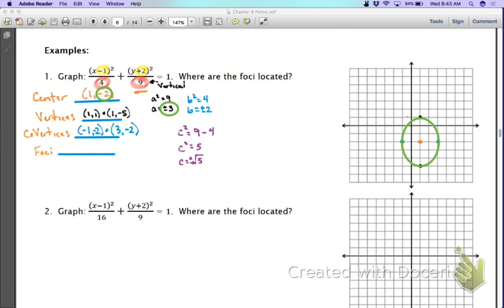I'm not worried about where you plot it, saying it's right about there. Just take your x value, write 1, and then take the -2 and go plus the square root of 5, and then 1 and -2 minus the square root of 5. It doesn't have to be a number, just write it that way.